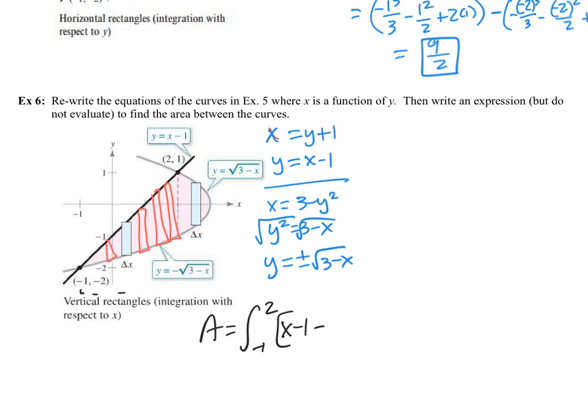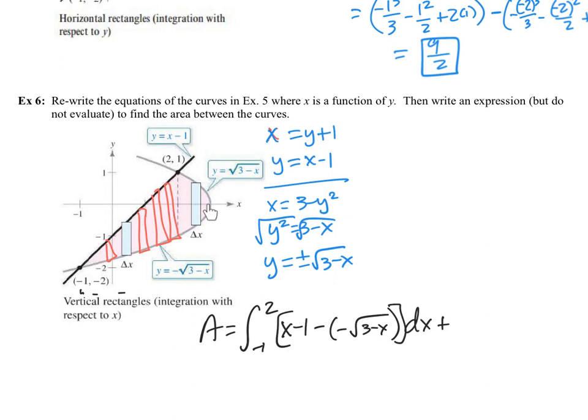So we're going to be subtracting a negative square root of 3 minus x. Okay, and close those brackets, and don't forget the dx. And then we need to add to that the second part. So we've already integrated from -1 to 2. So the second integral will integrate from 2 to this right bound.